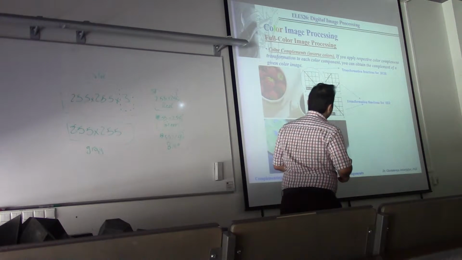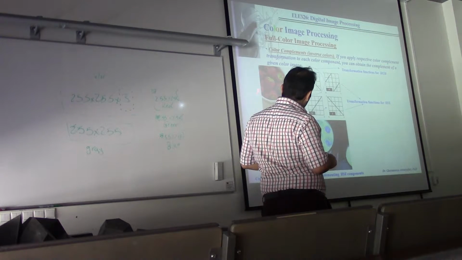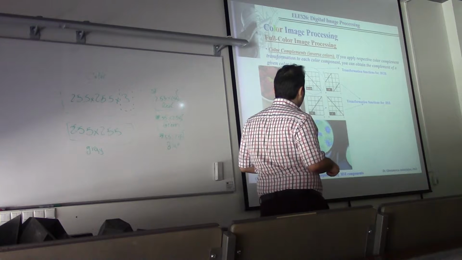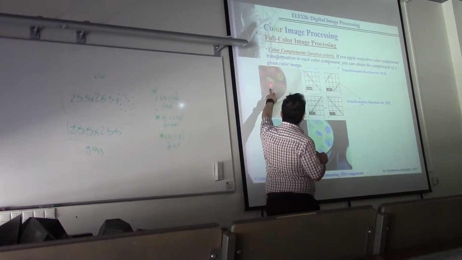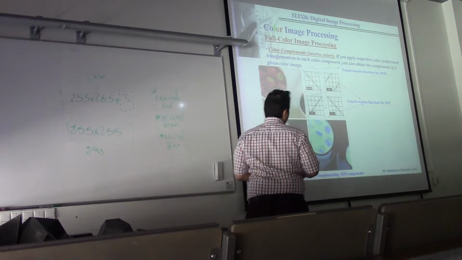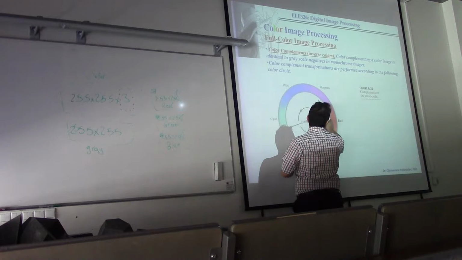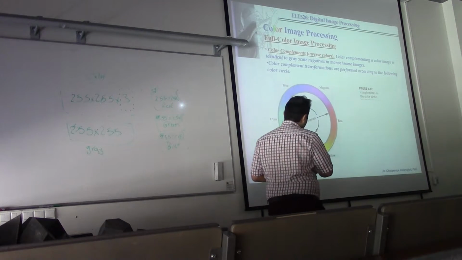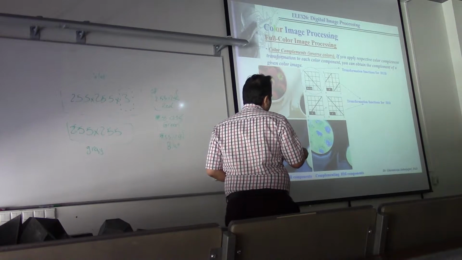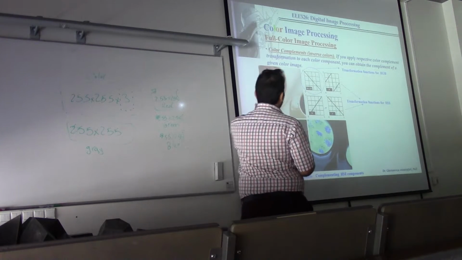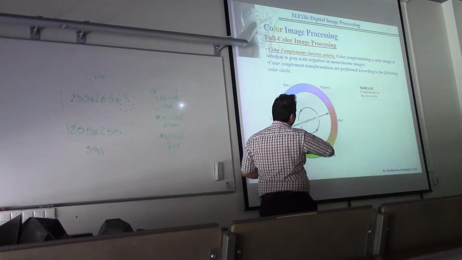And now we can see here if we complement the RGB component. For example, here you know that this is the red, and remember that the complement of the red is cyan, and you can see that we have the cyan color in the strawberries here, and also for the light green here.